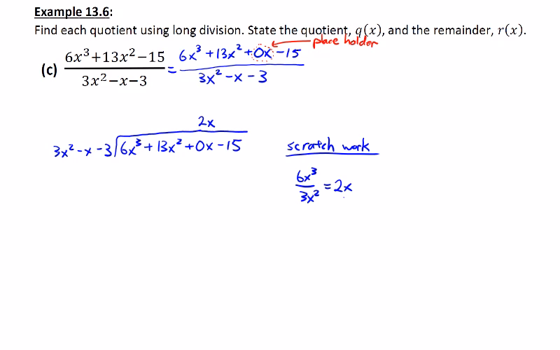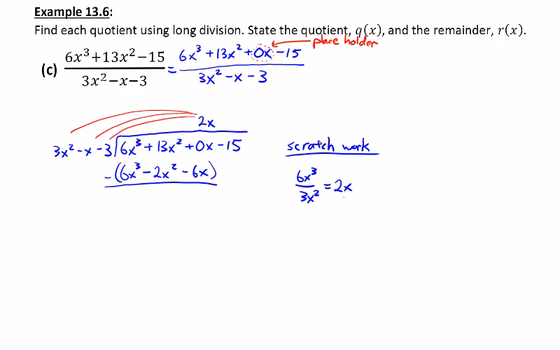Then we're going to multiply the entire divisor with 2x. That's going to result in 6x cubed minus 2x squared minus 6x. That entire quantity will need to be subtracted from the dividend.